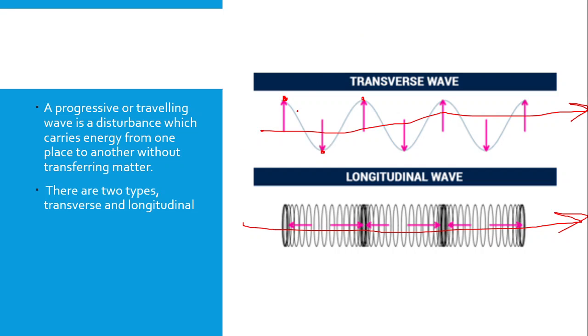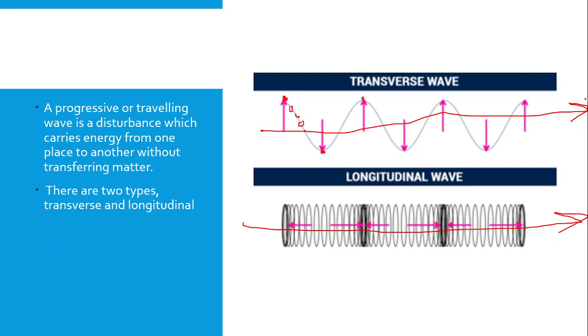But at the next moment, it's going to be somewhere here, and then here, and then gradually here. So the movement it has made is in the y direction. However, the wave is clearly propagating in the x direction. We're going to talk about this in more detail so that it is easier to understand and capture the movements of each particle in transverse waves and in longitudinal waves.